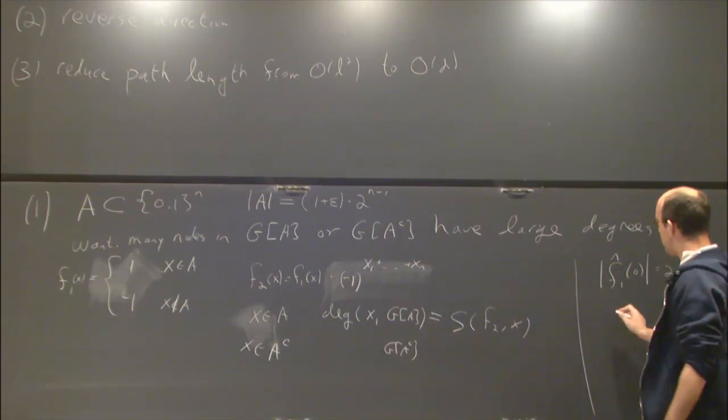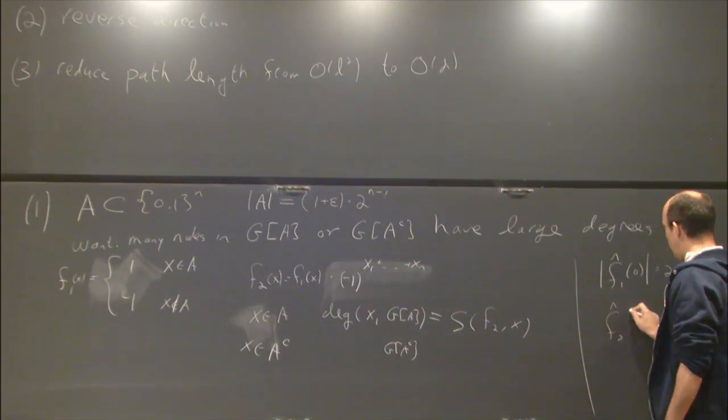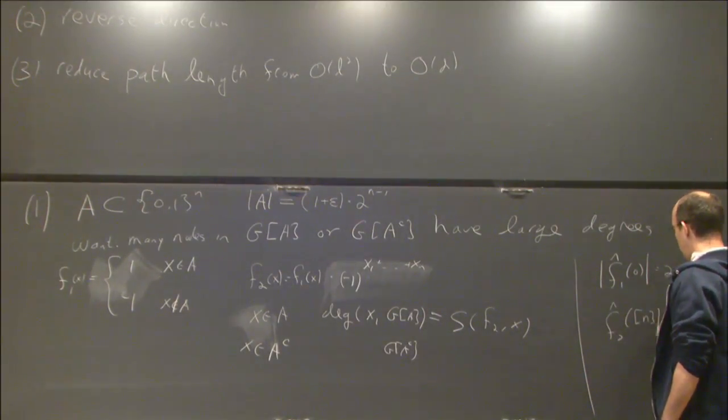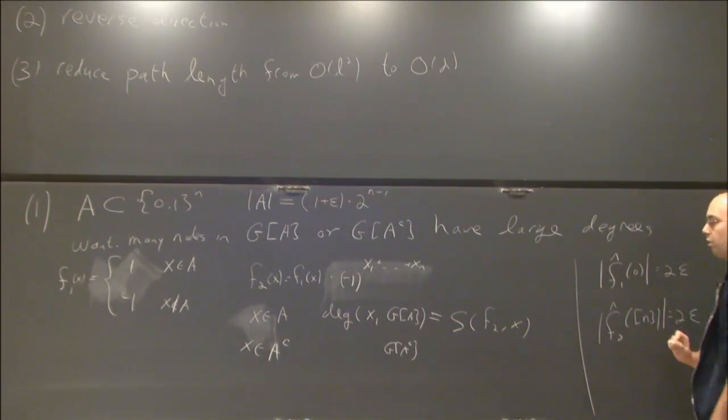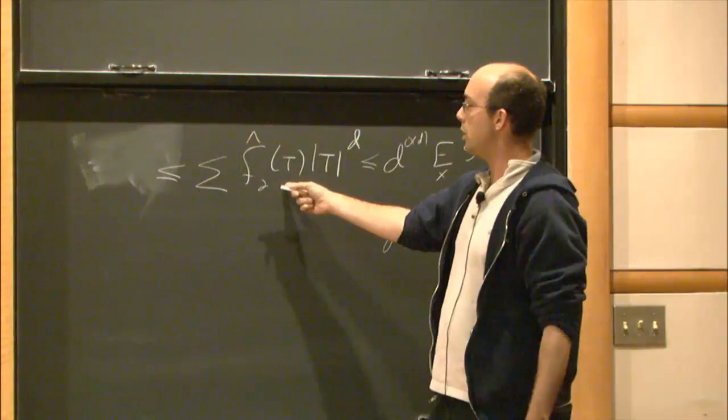And since we saw with parity, we know that f2 hat on the full Fourier coefficient here is also 2 epsilon. It's the same thing, right? Multiplying with parity just swaps the sets. So we just lower bound this by looking at the maximal t. So this is going to be this squared.